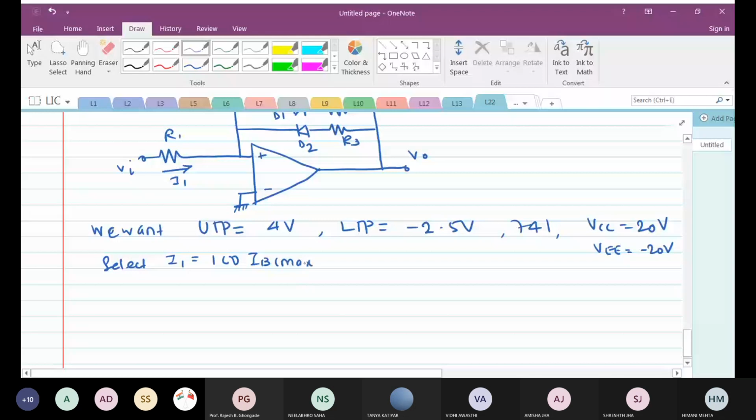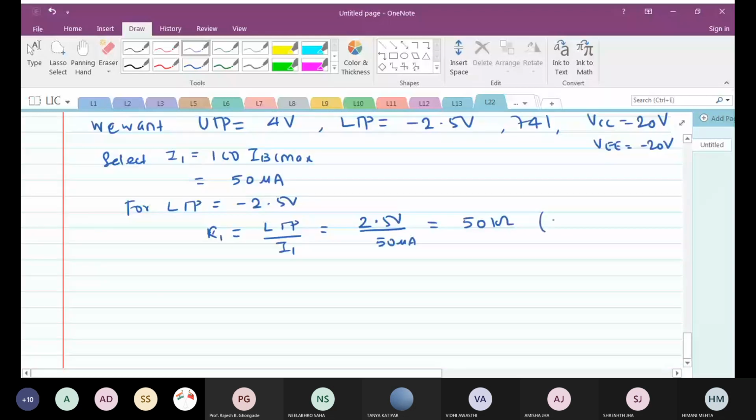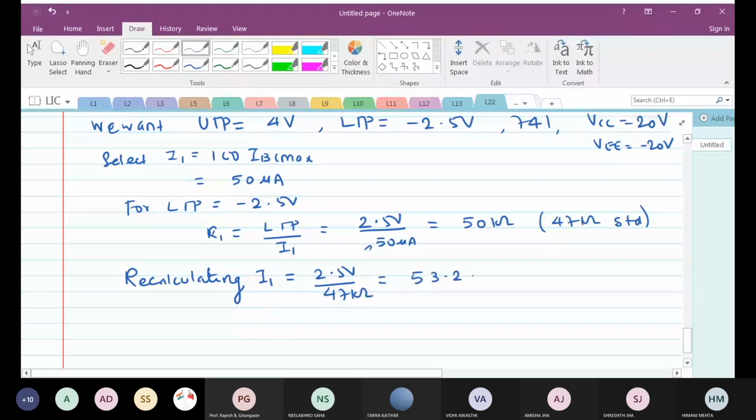Now if I'm going to use the standard value, which is 47 kilo ohms, I'm supposed to recalculate the value of I1. So recalculating I1 as 2.5 volts divided by 47 kilo ohms gives me 53.2 microamperes.